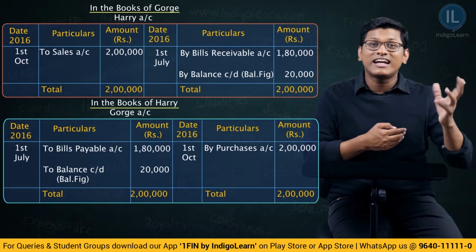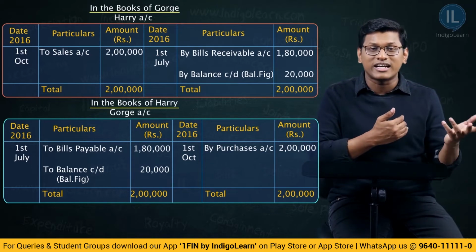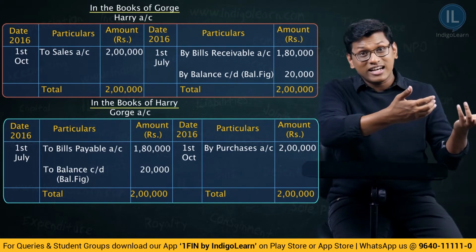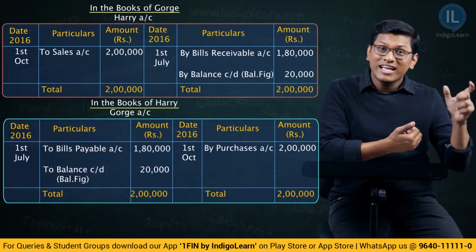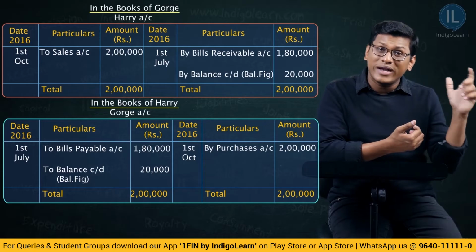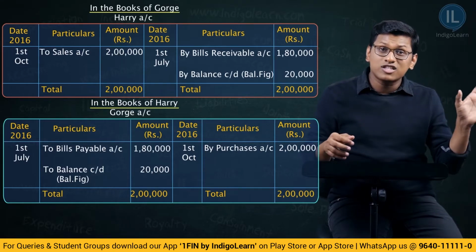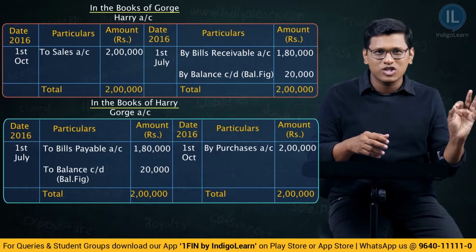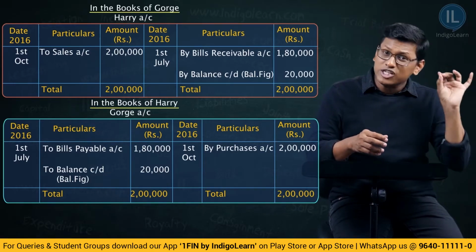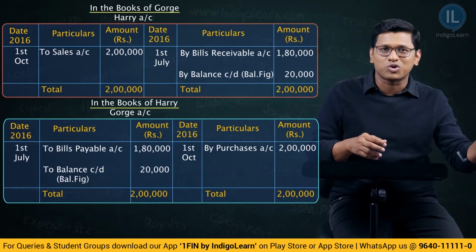Earlier debited with 1,80,000, now credited with 2 lakhs. So there is still a credit balance of 20,000 against George's name in Harry's books. There is a balance of 20,000 payable to George as per Harry's books.